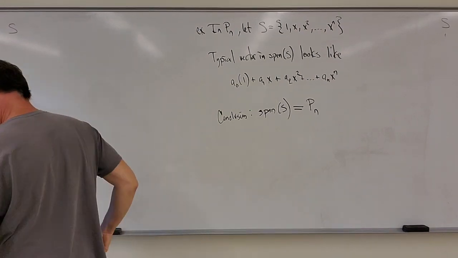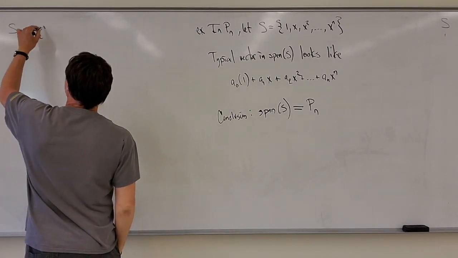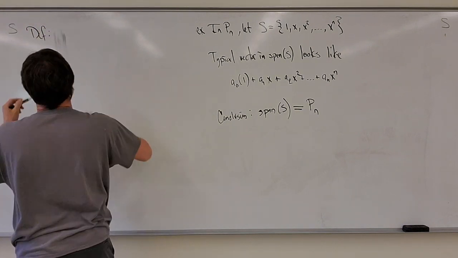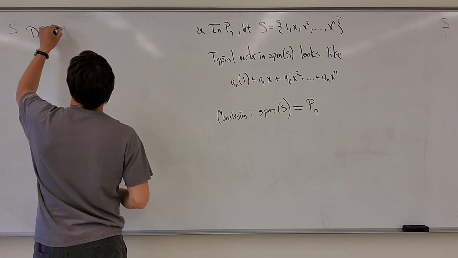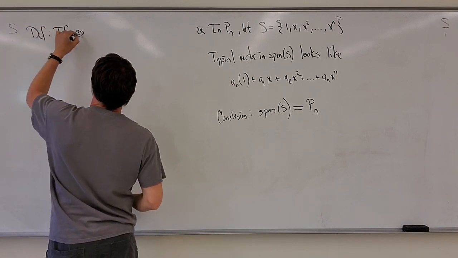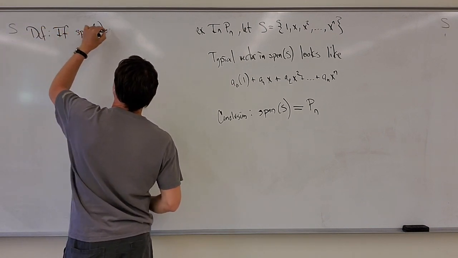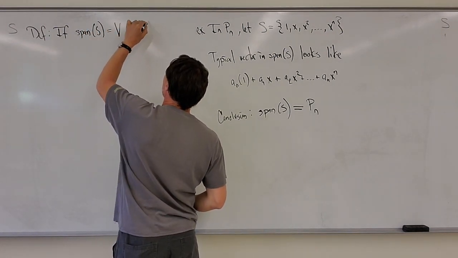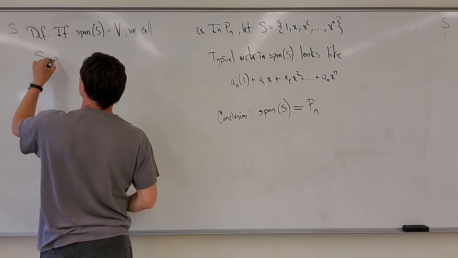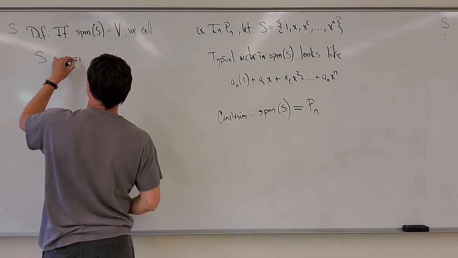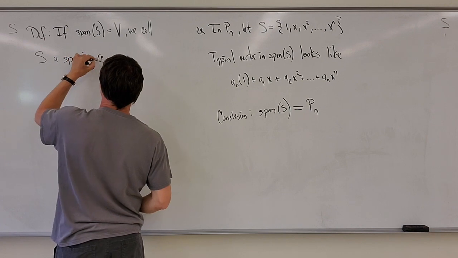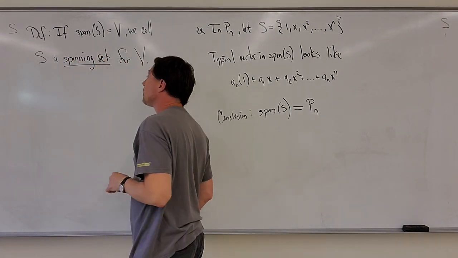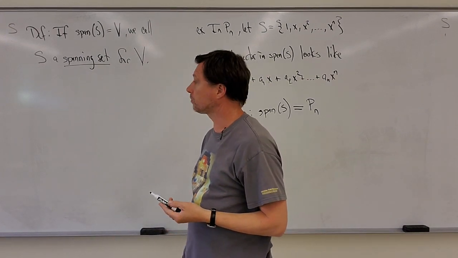So let's say definition: if the span of S is equal to V, we call capital S a spanning set for V.